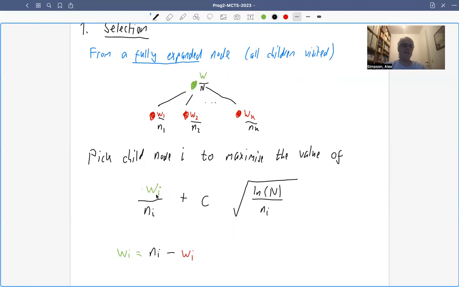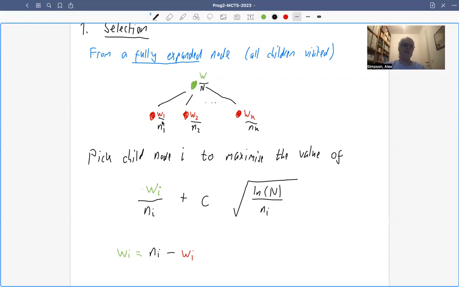By the green WI, I mean the number of wins that green has had from the red node obtained by move I. So for example, for move 1 here, green W1 will be the number of wins that green has had from this node. The red W1 is the number of wins that red has had, and we've had N1 visits.